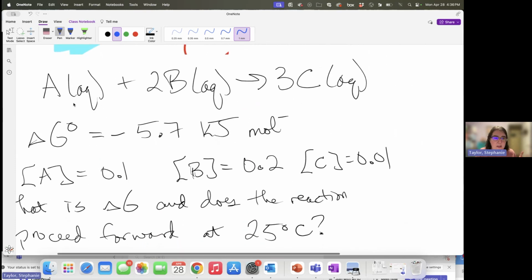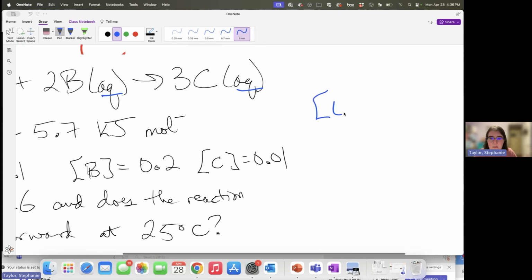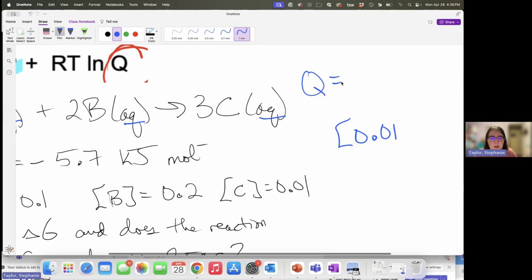So I gave myself everything aqueous, so I do include everything. I need all the pieces. Then this is 3C, so my Q expression is C cubed divided by the concentration of C times the concentration of A times the concentration of B squared.